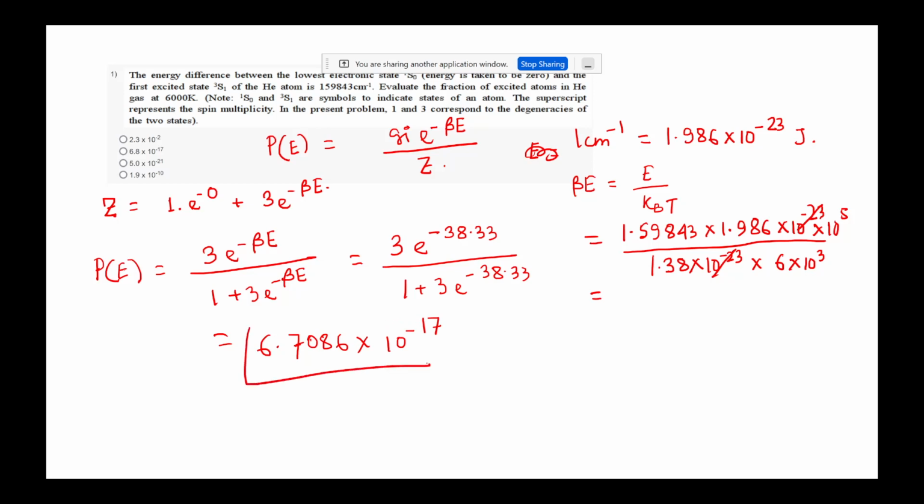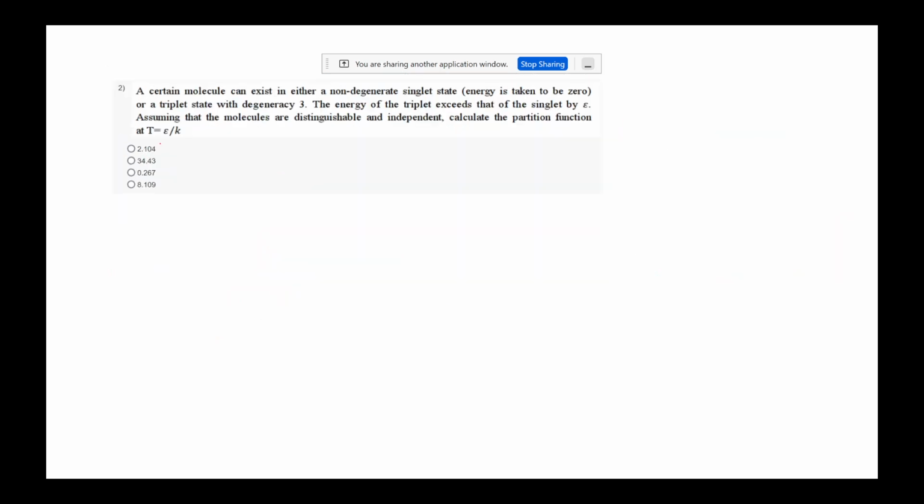So this is the correct answer. So it's quite easy. You just have to do the numerics carefully.